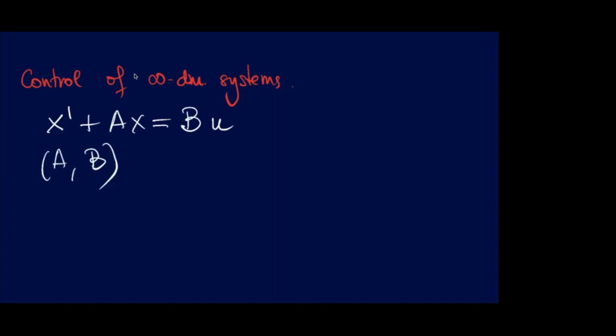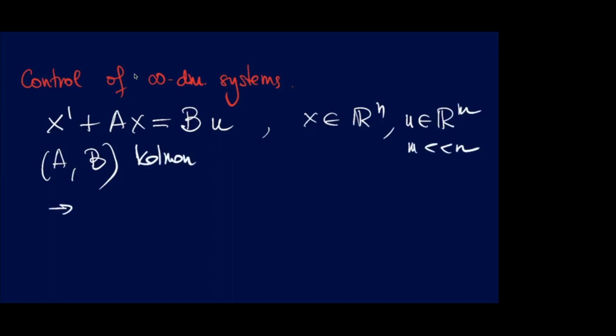How can I, so now in the case where X is in Rn and U is in Rm, typical application being m less than n, we know that the Kalman condition is equivalent to the controllability, right?